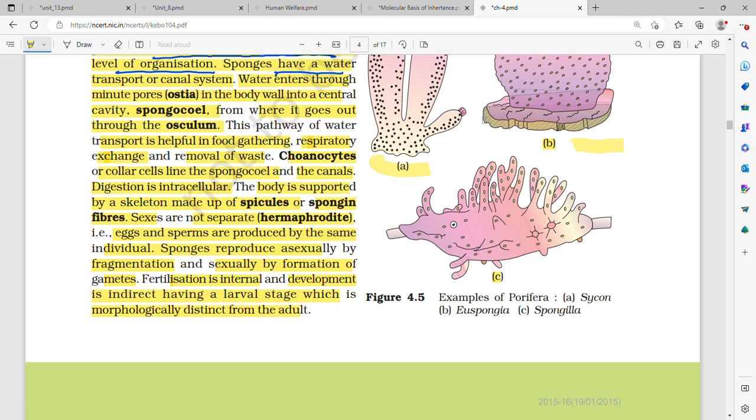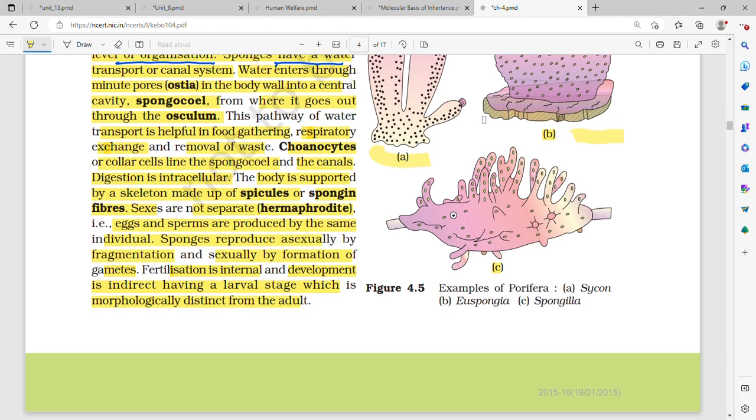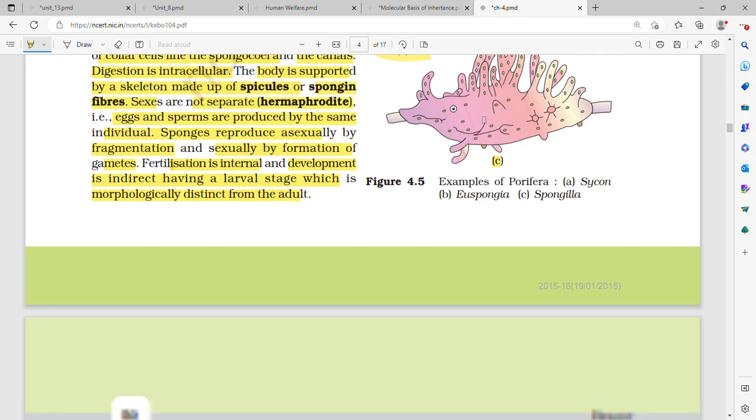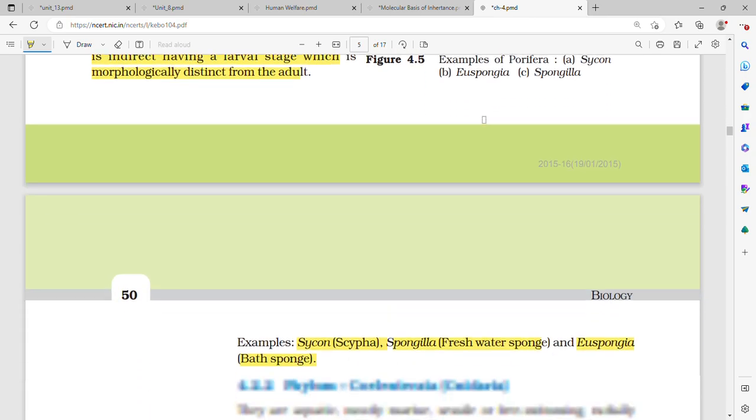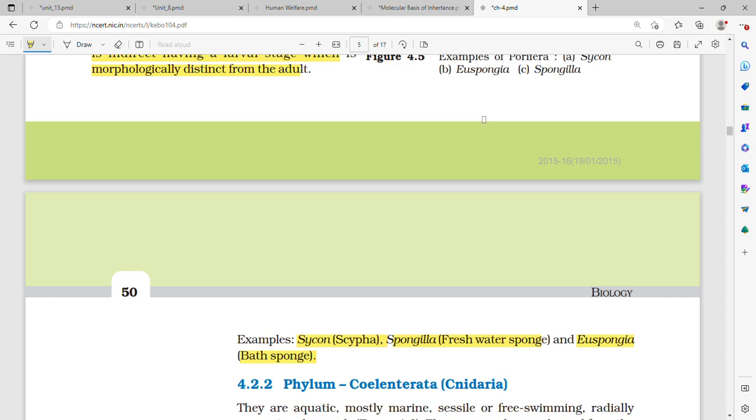The body is supported by a skeleton of spicules or spongin fibers. Sexes are not separate, hermaphrodite. Fertilization is internal. Digestion is intracellular. Sponges reproduce asexually by fragmentation, sexually by formation of gametes. Development is indirect. It has a larval stage which is morphologically distinct from the adult.